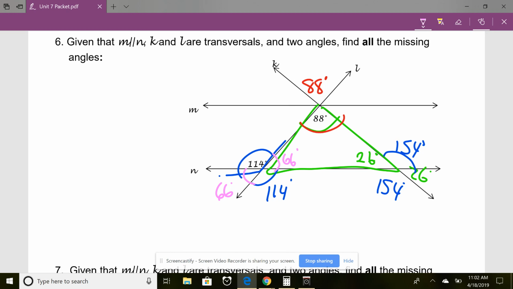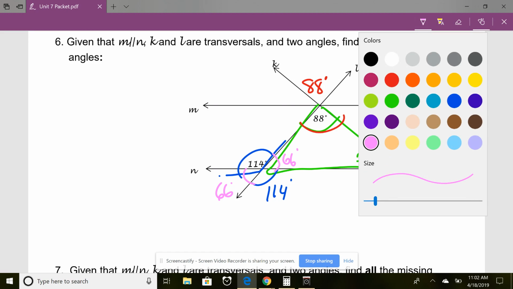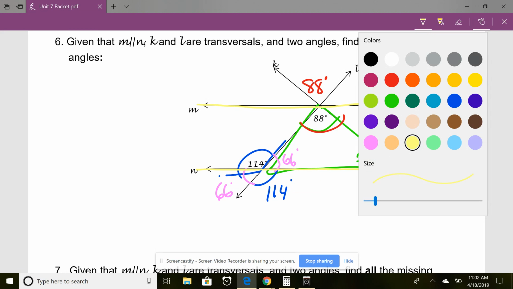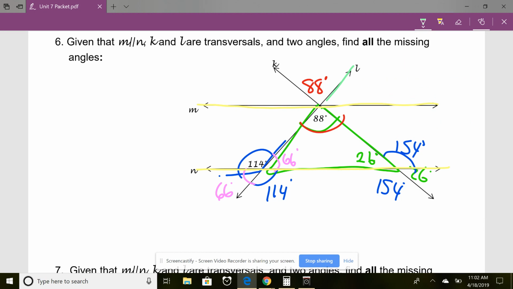So you're basically using your angle relationships that you already know. Look at this. We notice we have two parallel lines right here, cut by a transversal. Look at this. All those angle relationships coming back.